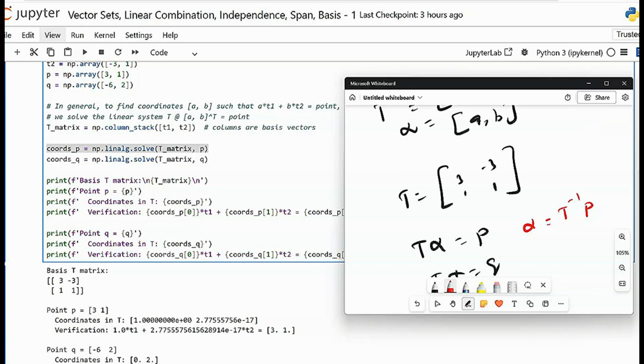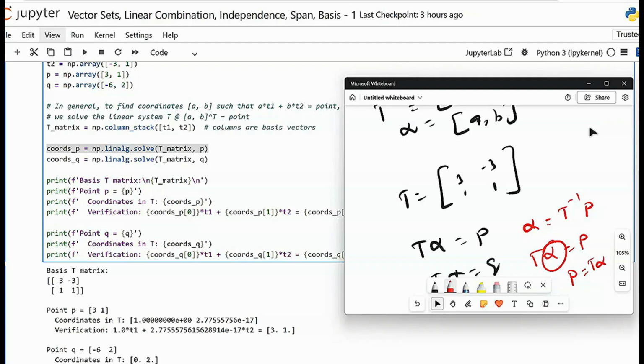And dear friends, this is very useful where basis vectors form a matrix T. Any point in the space can be written as T alpha equal to P. You can also say P is equal to T alpha, and you can solve for alpha itself, alpha equals T inverse P. The solution is unique because T is a basis, that is, independent.